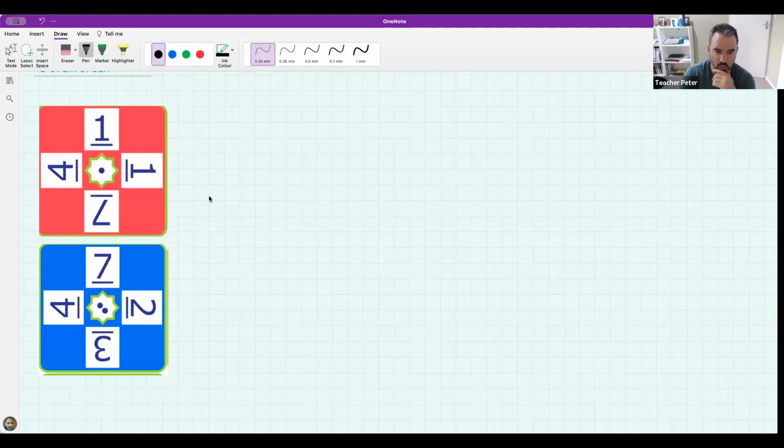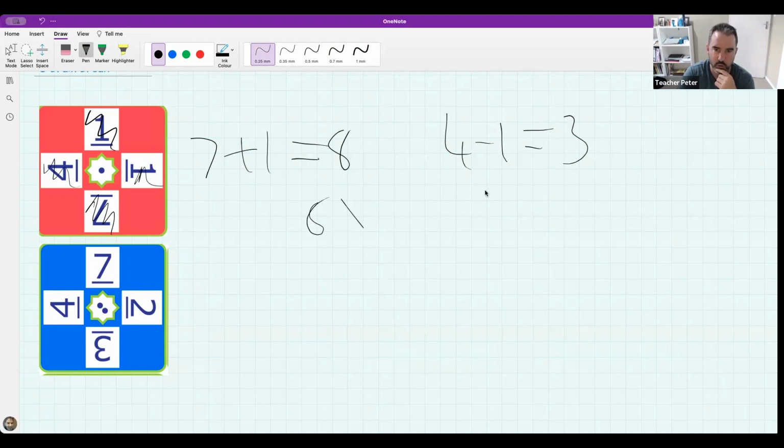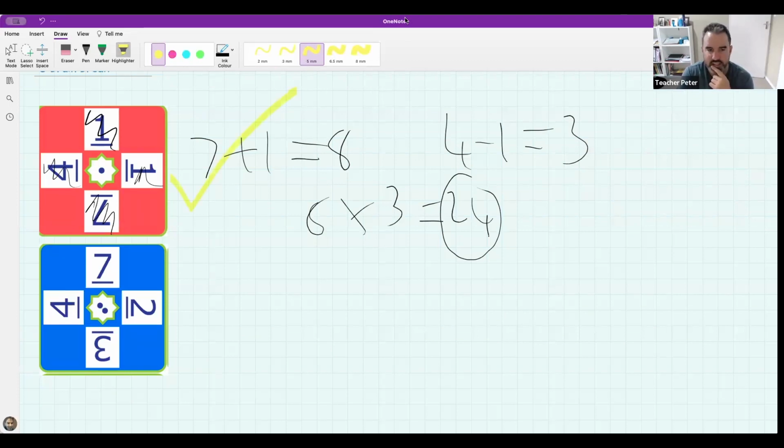Okay, so Panga said 7 plus 1 is 8, which I think is a very big hint, because if you use 7 and 1 to get 8, and then Topanga said 4 minus 1 is 3, and I can see where Topanga is going. Because 8 times 3 is 24. And Sapang, the glory of the red card is yours.